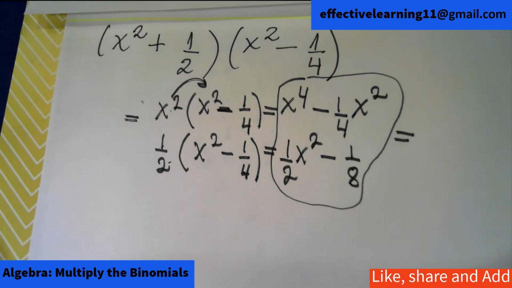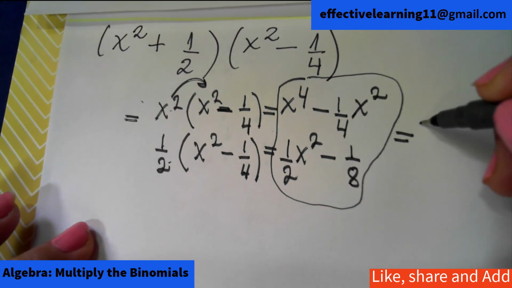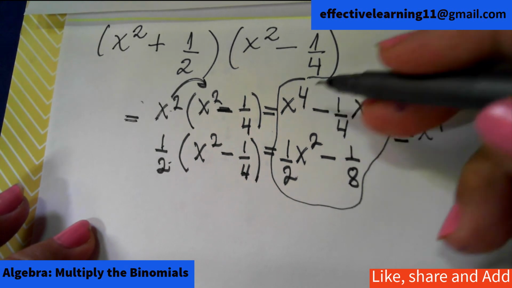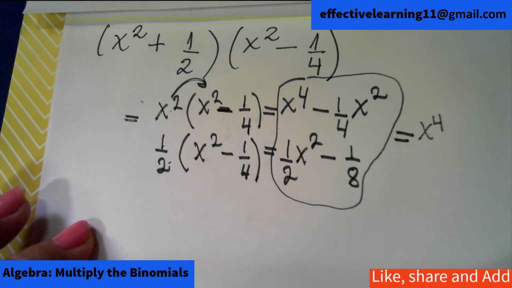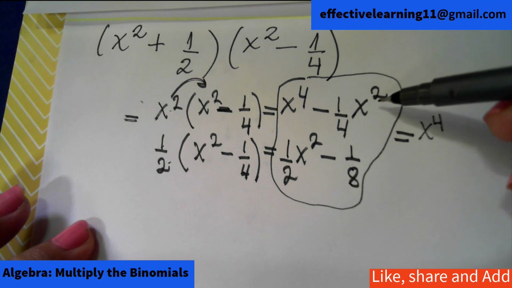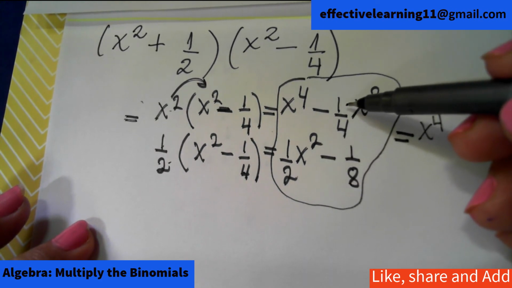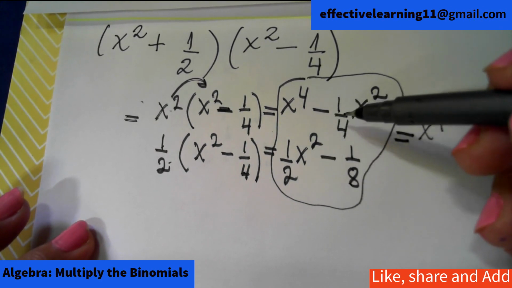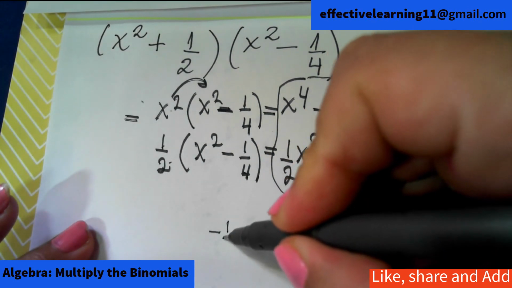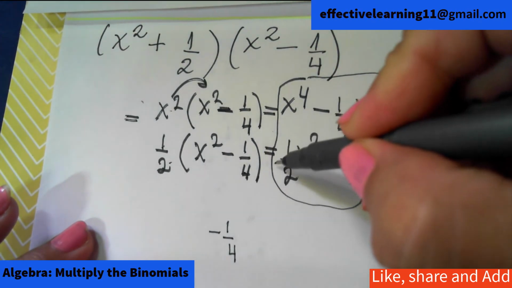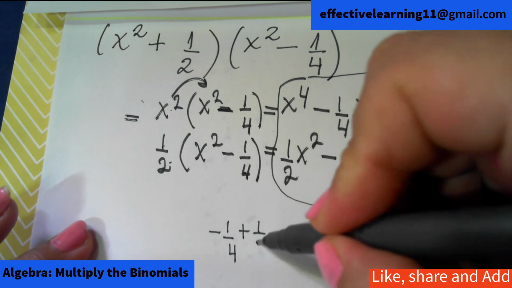So the first element is x to the 4th. You just copy, you don't have any other term to operate. But the second, very carefully, is x squared and x squared. So you have to work negative 1 over 4. I'm going to work here to show you. And positive when you don't have a symbol, 1 over 2. Okay.